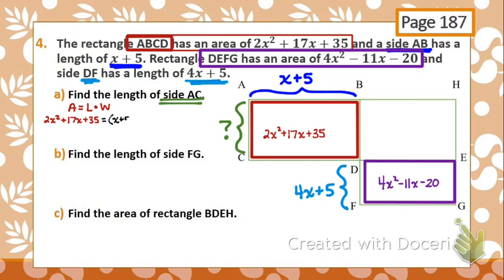X plus 5. Or W or whatever. It's that missing side, right? So what do I need to do to get it by itself? Divide. We are going to finish up that division on Monday, and then we'll answer those last two questions. So we'll pick up here on Monday.